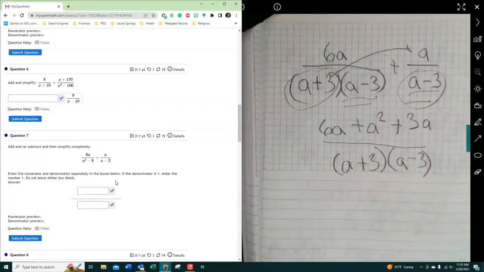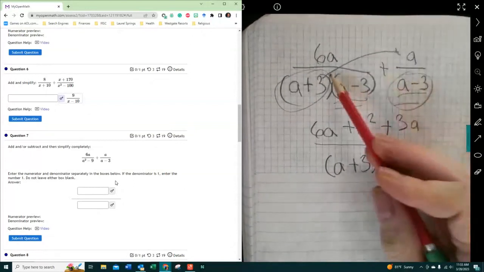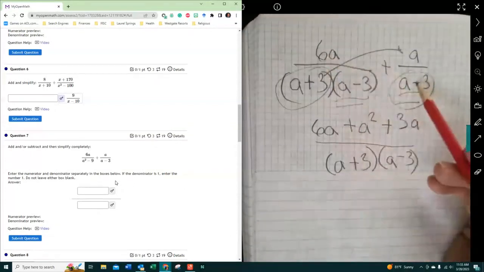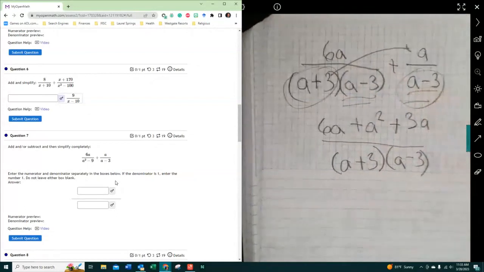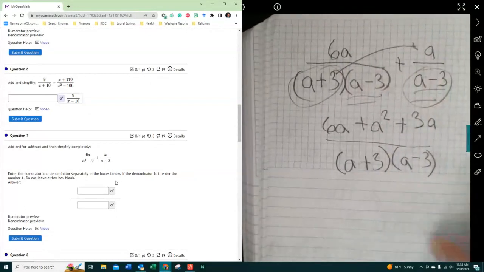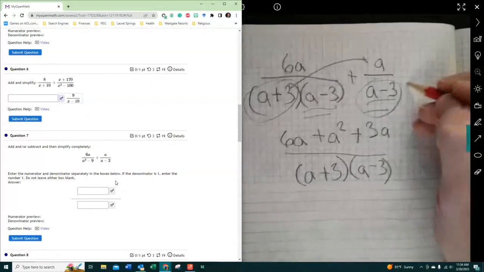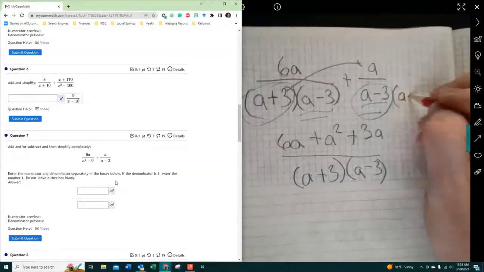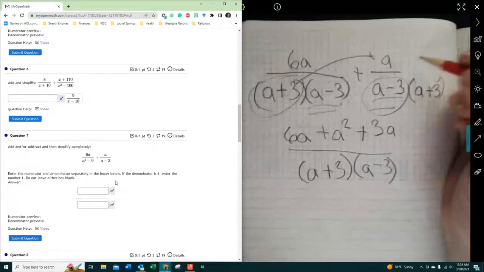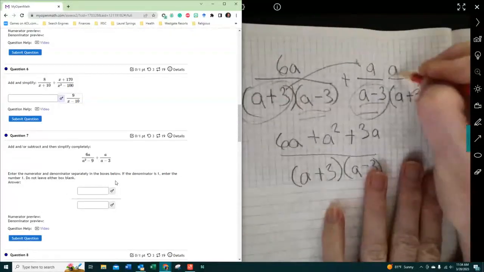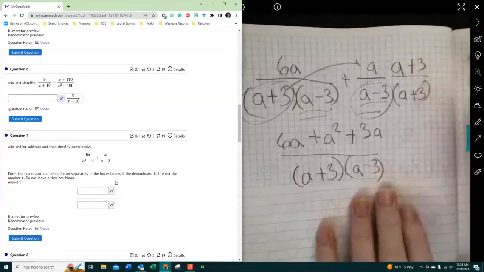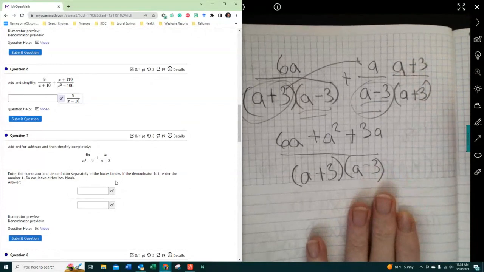Again, to reinforce, I do not need to multiply this to this side over here, 6a, because this has already been represented. Now, if you want to look at it from a different perspective, if I multiply this side by a plus 3 over a plus 3, like this, that's multiplying by 1, isn't it?